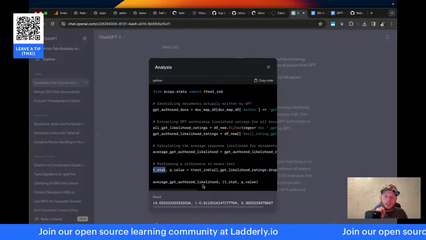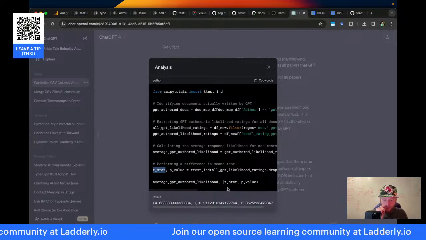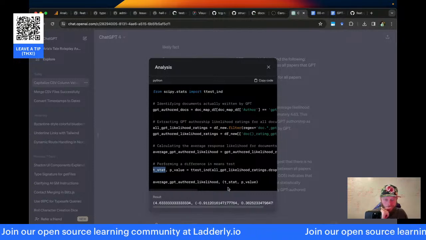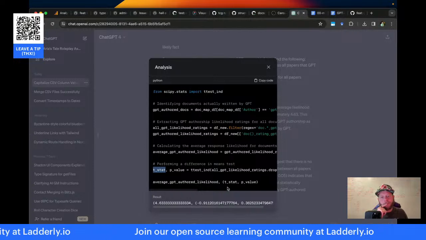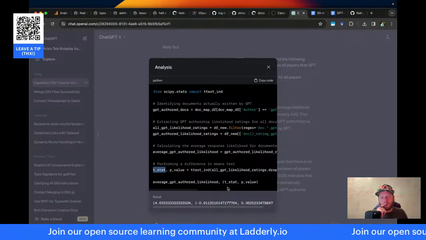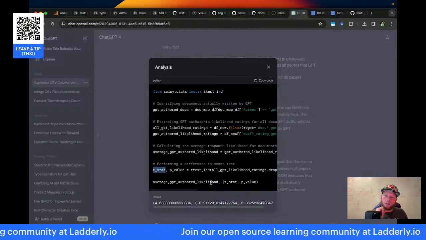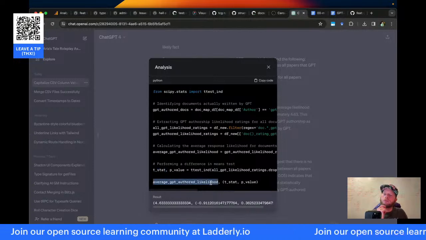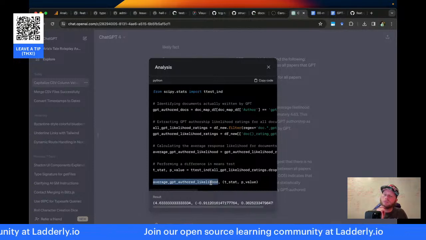So the T statistic, average GPT authored likelihood. Did she tell you that? Well, probably because she thinks it wouldn't be appropriate.